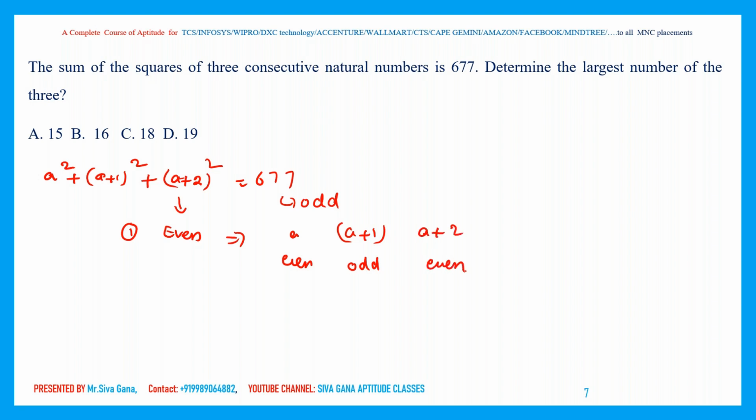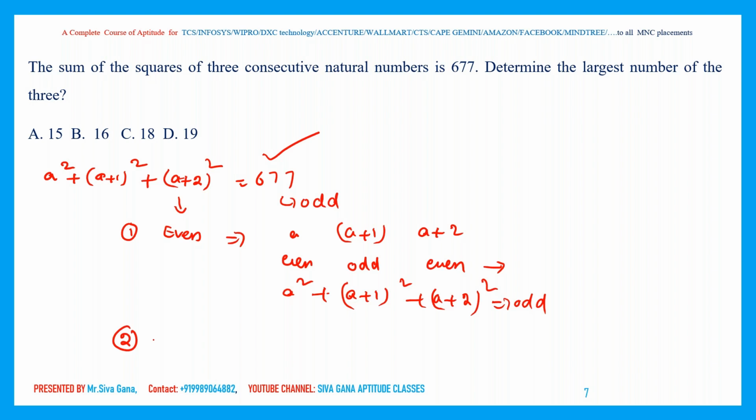In that case, the result a squared plus (a plus 1) squared plus (a plus 2) squared is nothing but an odd number. It has given odd. Okay, so the largest is even.